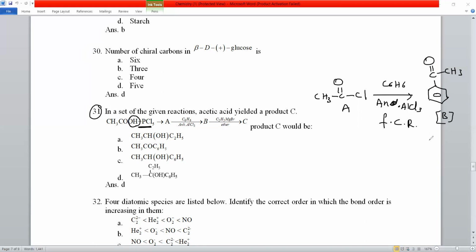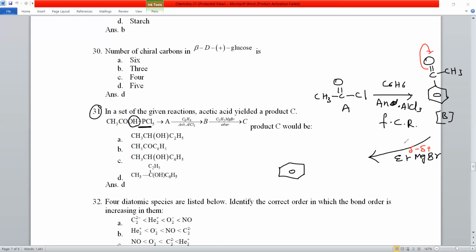Compound B they are treating with ethyl magnesium bromide, in the presence of ether. If you treat a ketone with a Grignard reagent, what will we get? Tertiary alcohol, right? So what will happen here? Ethyl has the negative charge, magnesium the positive charge.